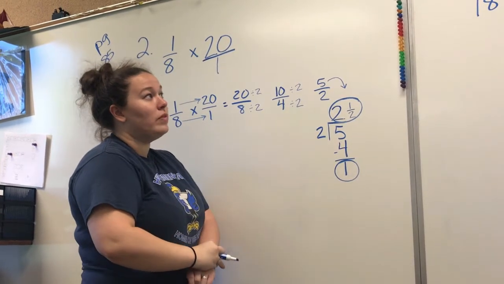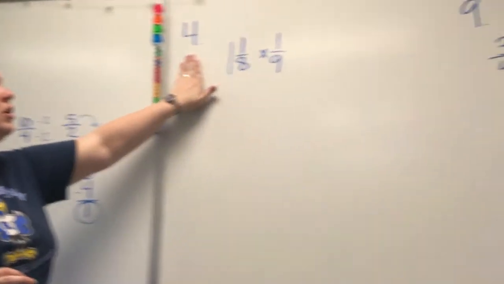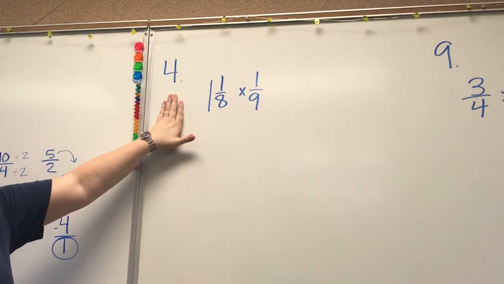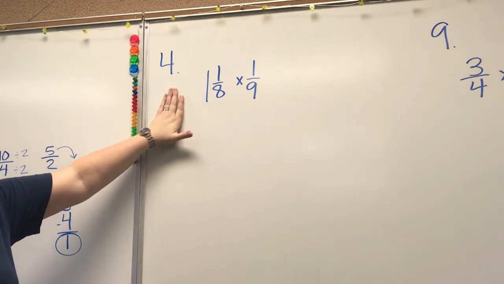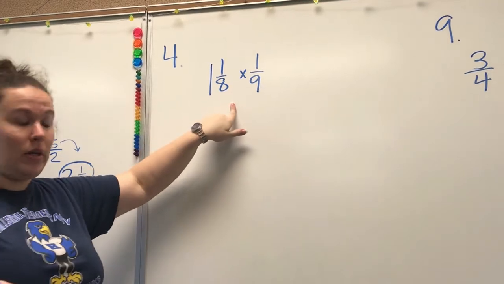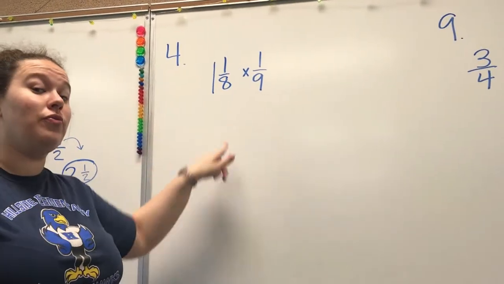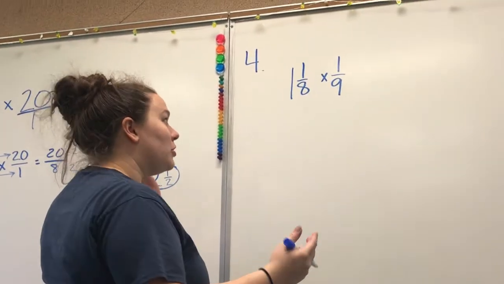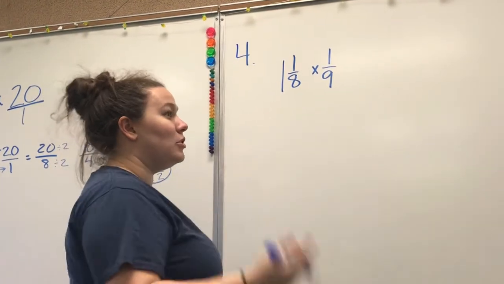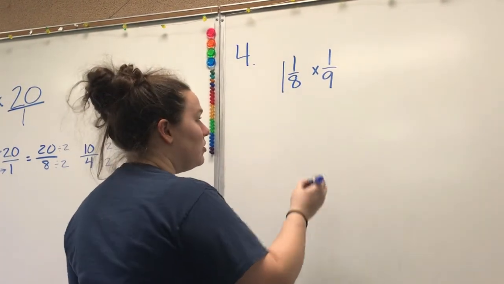Okay, we are moving on to number 4 in your book, page 85. I have a mixed number here. Just as a refresher, if you don't know how to turn a mixed number into an improper fraction, this is how you do it.